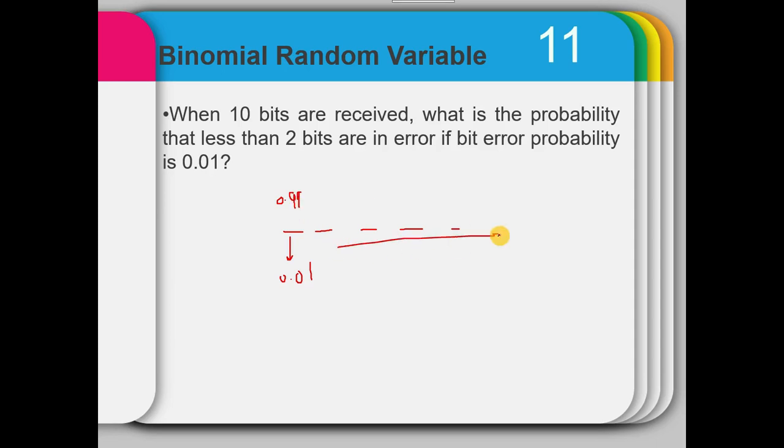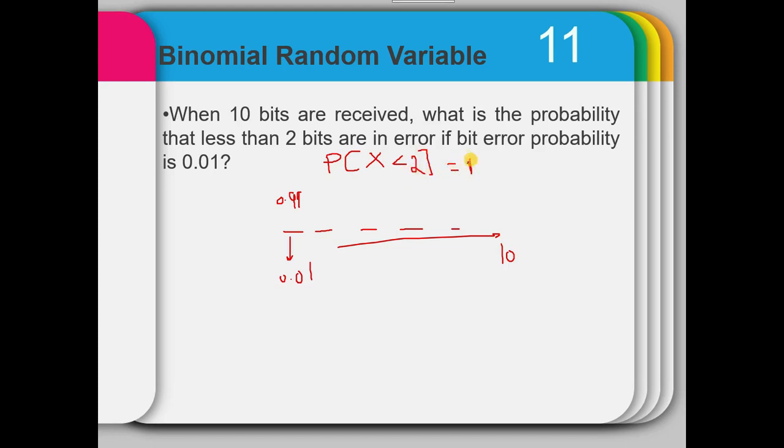I repeat this experiment 10 times. It is asking me what is the probability that errors are less than 2. Less than 2 bits are in error. If I write it down like this, x is less than 2, what it means is that less than 2 bits are in error.